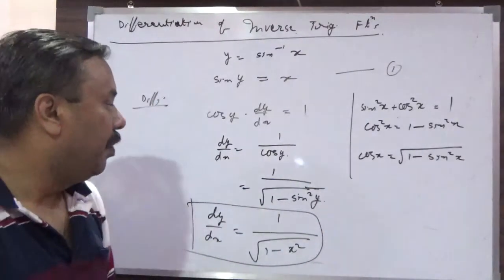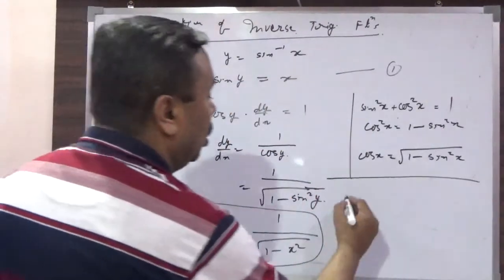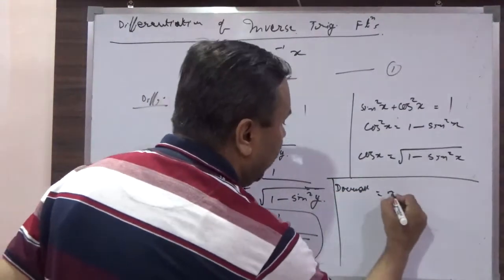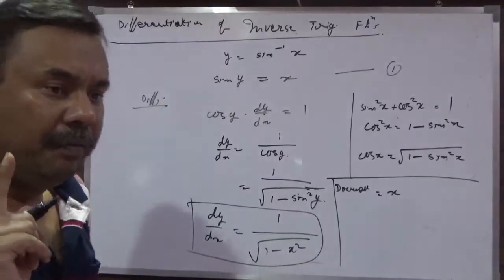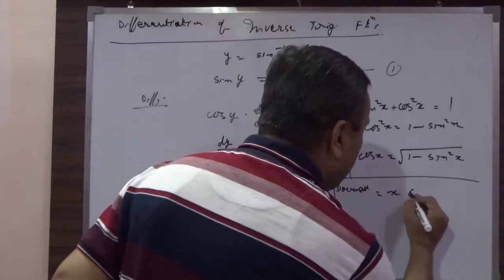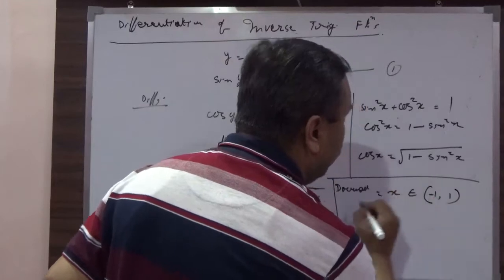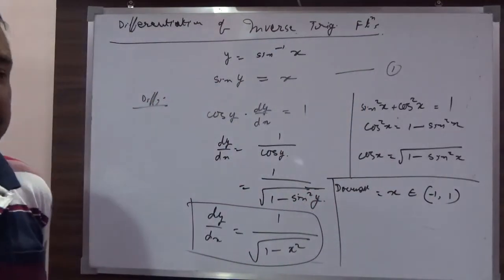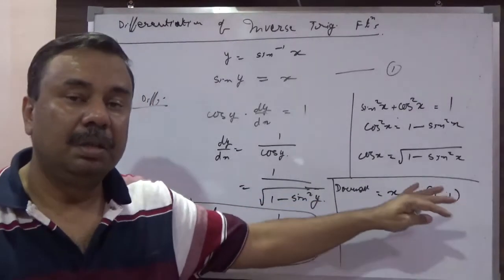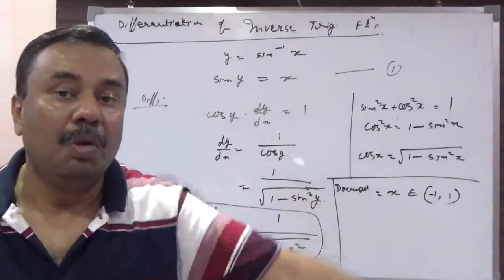So the domain of x, where it is differentiable, is that x will be in the open interval minus 1 to 1. It will take any value between minus 1 and 1, but the values should not be equal to minus 1 or 1.